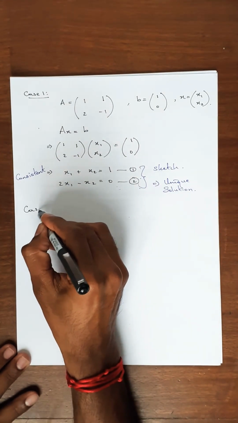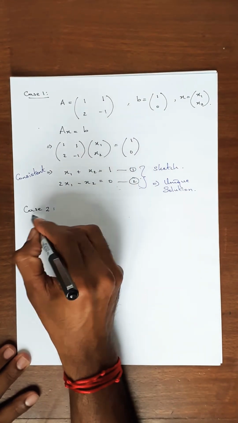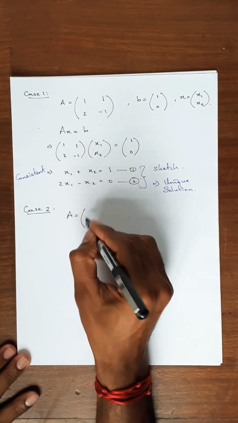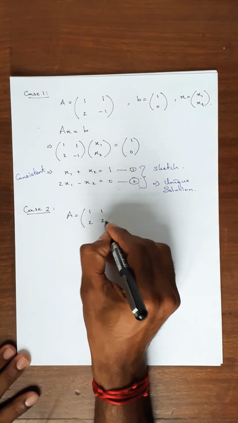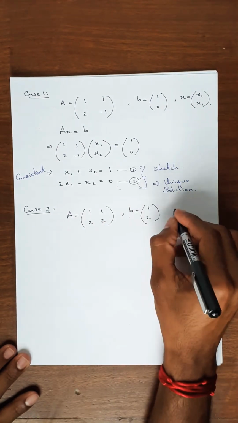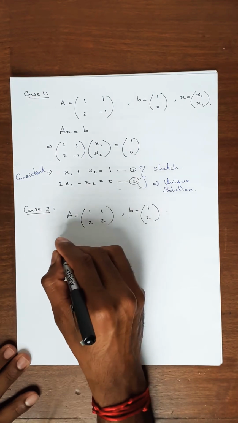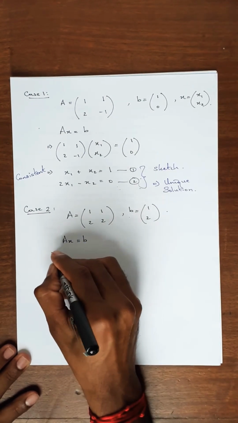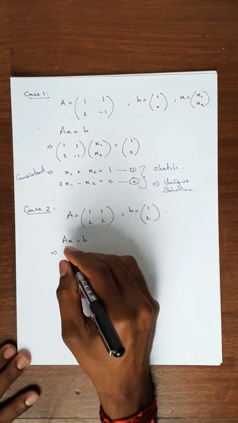Case 2. Let's see case 2. I'll write a 2 by 2 matrix, just to have a better idea. So let us say now I want this to be written as a system of equations.